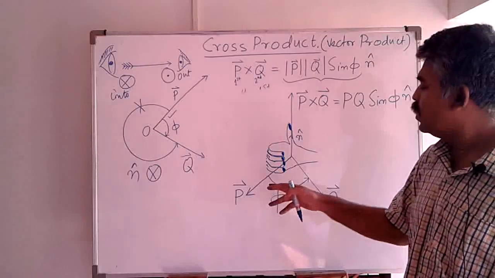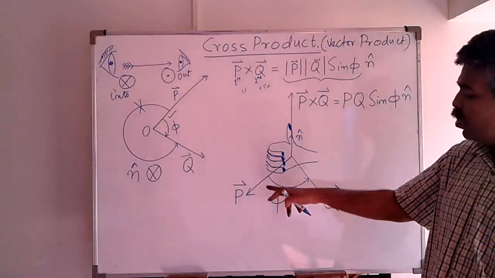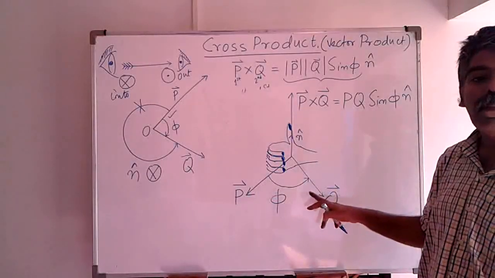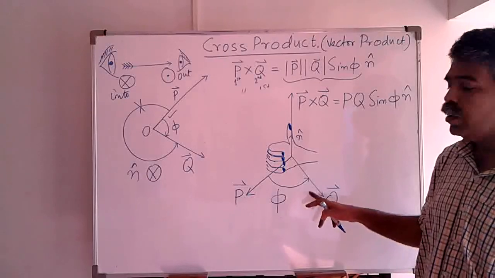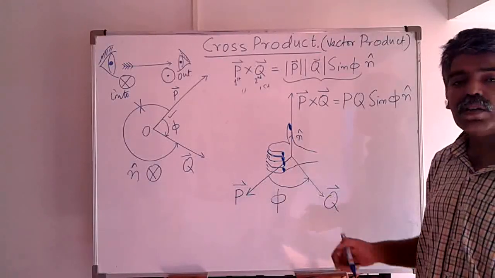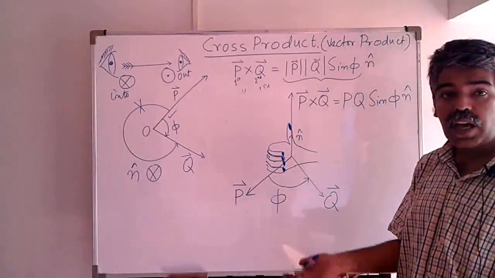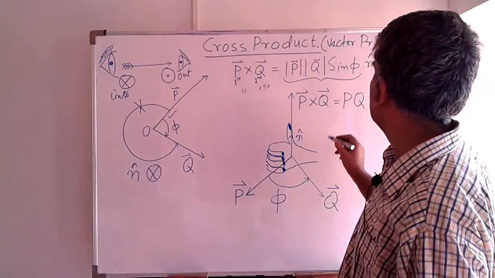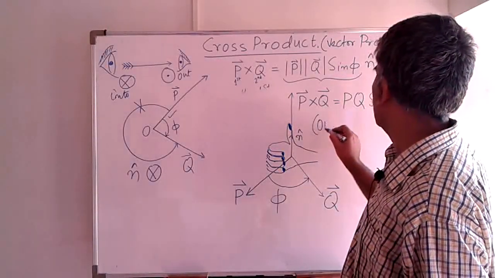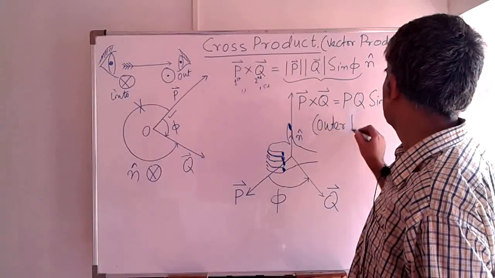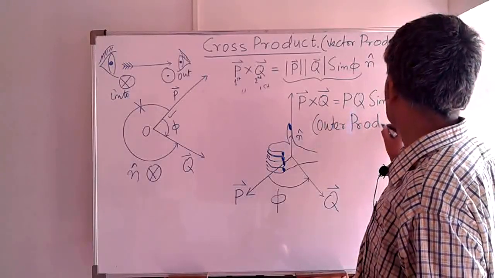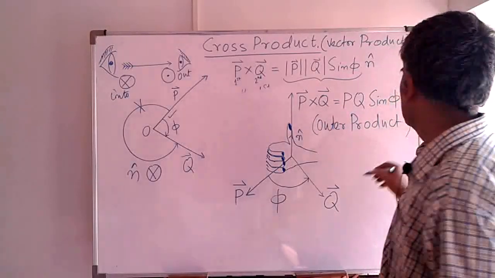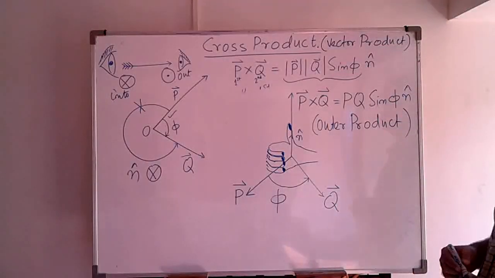You see, the resultant vector is not in the plane of P and Q. It comes out. So this is also called the outer product.